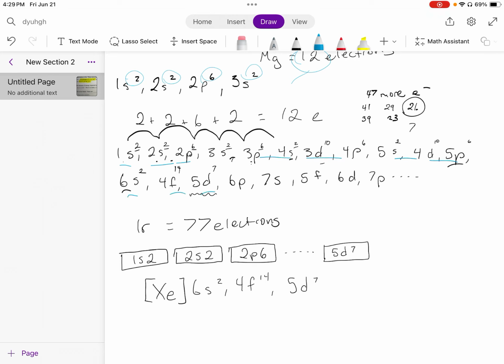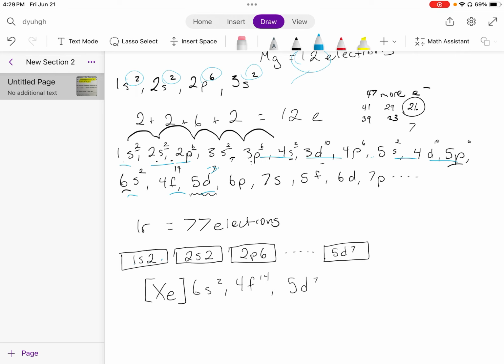Let me just double count on my own computer, one sec. Okay, sorry it's kind of messy, but that's the answer for the iridium.